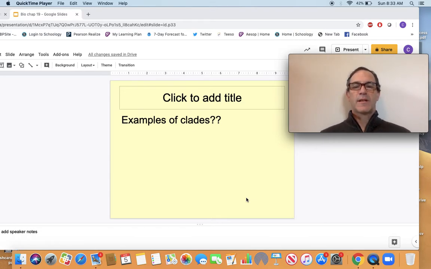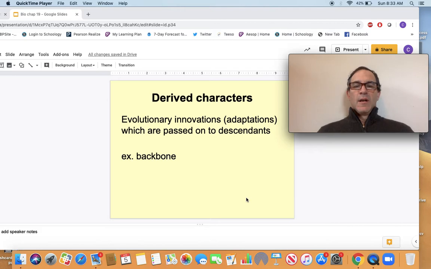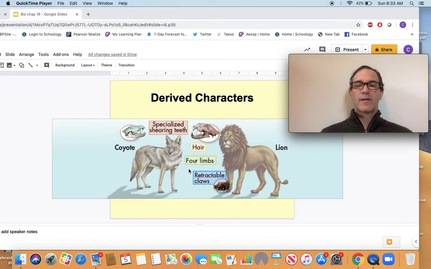That would be an example of a clade. Now, these wings and feathers are what we call derived characters. A derived character is an evolutionary innovation, in other words, an adaptation which helps an organism survive, and because it does that, it ends up getting passed on to the descendants. So one example might be a backbone. We'll look at some others here in a moment.